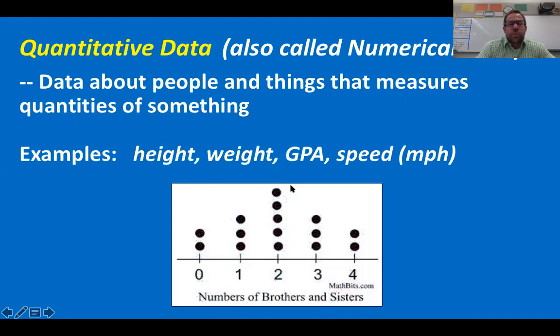For example, you could measure someone's height, someone's weight, someone's GPA. You could measure speed, how fast you're running or driving. With quantitative data, the numbers usually are increasing. Down here, number of brothers or sisters would be considered quantitative because the numbers are increasing. It's something that you're measuring.